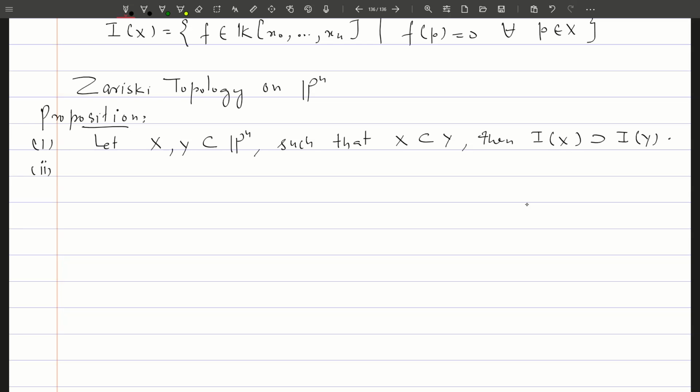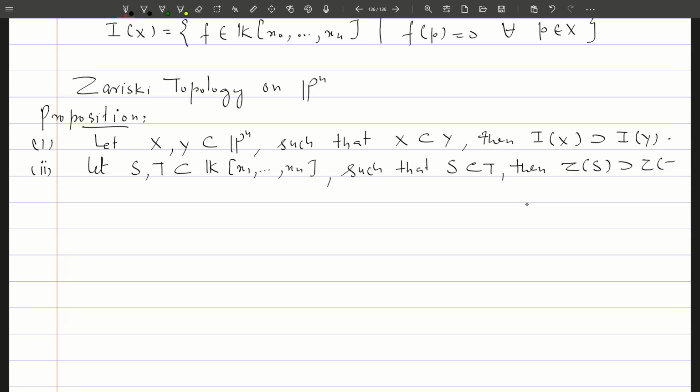Similarly, let S and T be subsets of the polynomial ring in x1 up to xn, such that S is contained in T, then the zero set of S contains the zero set of T. In other words, this zero function Z is also decreasing. Then we have the third item.